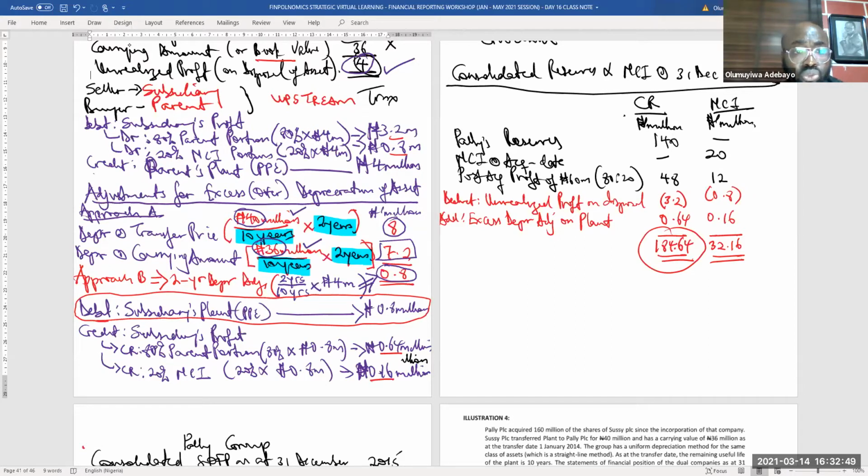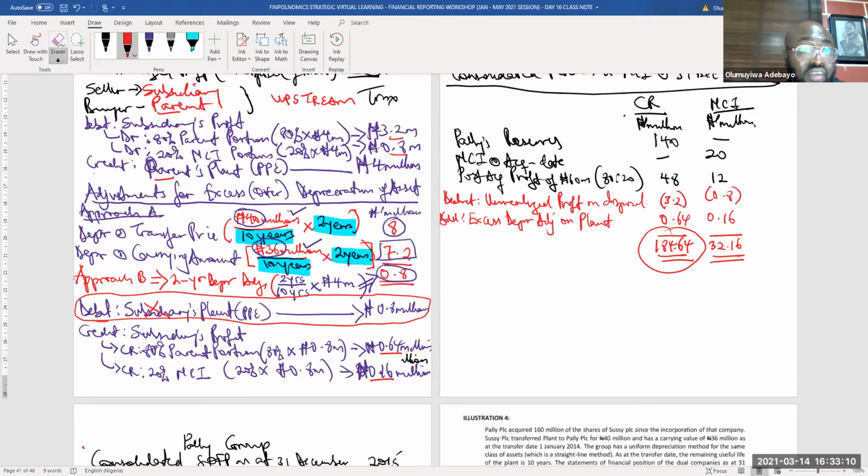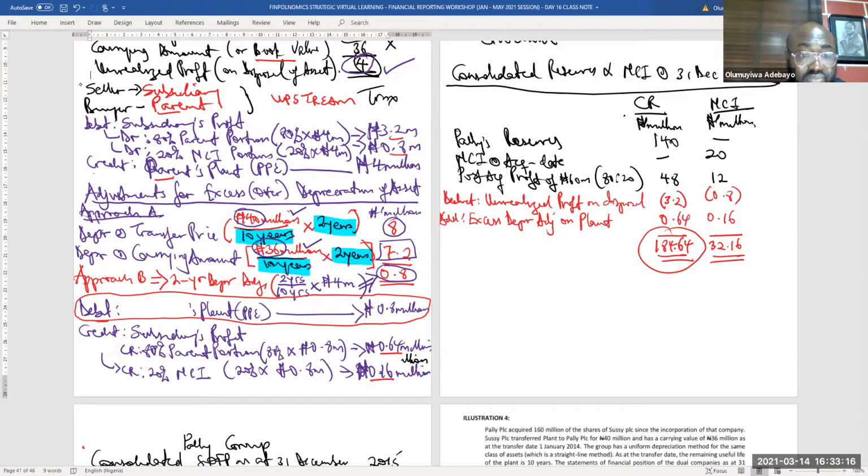Now, who is carrying the assets is the parent, because the parent is the buyer. And whose profit has been understated by overcharging depreciation is the buyer, which is the parent. Therefore, this no longer applies. And if that is the case, NCI is not affected by what affects the parent's profits. Therefore, it is only the parent's profit that is affected.